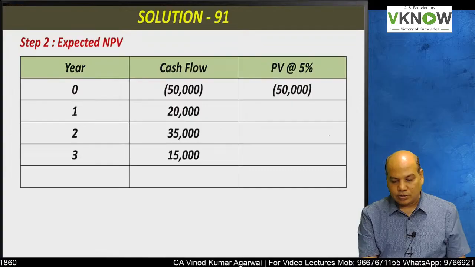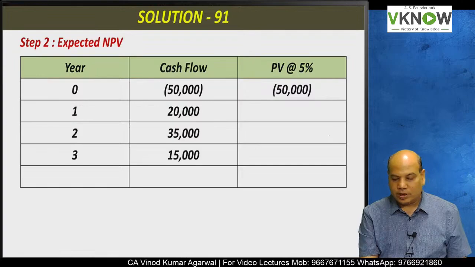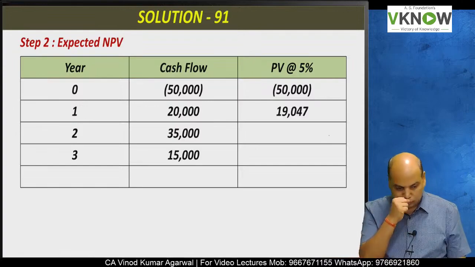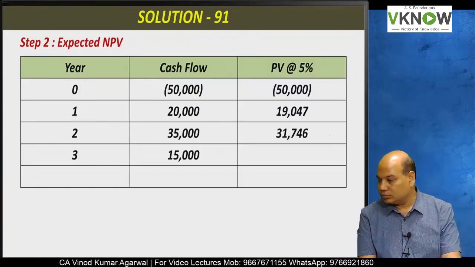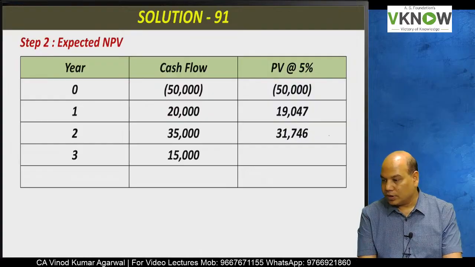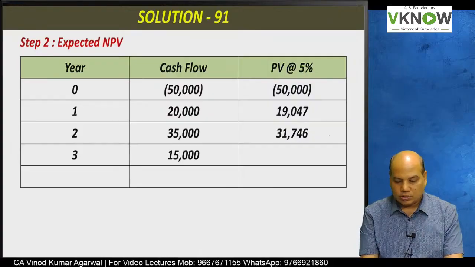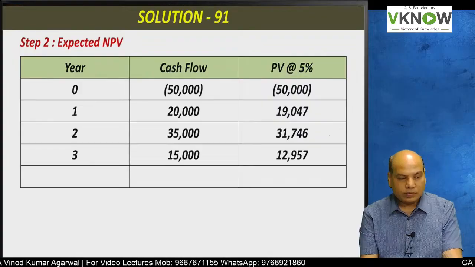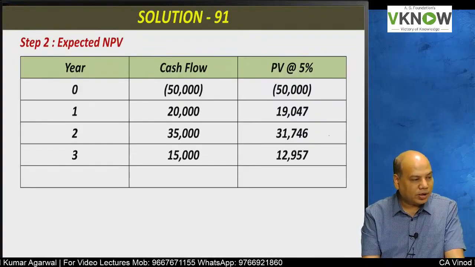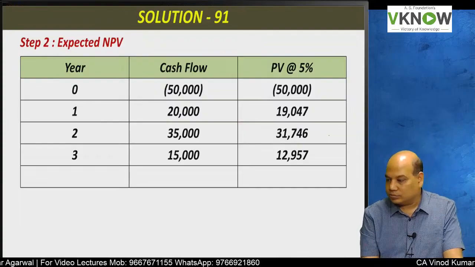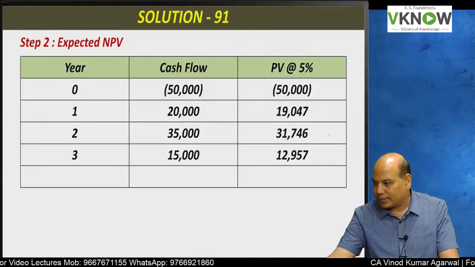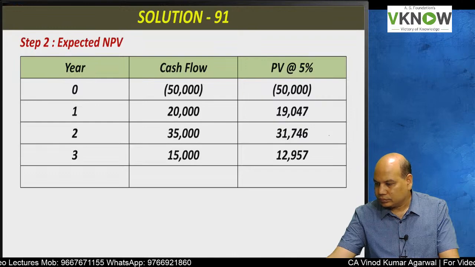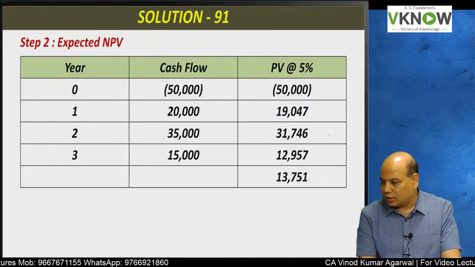Now compute present value. 50,000. 20,000 divided by 1.05 is 19,047. 35,000 divided by 1.05 squared is 31,746. 15,000 divided by 1.05 cubed, how much are you getting? 12,957.